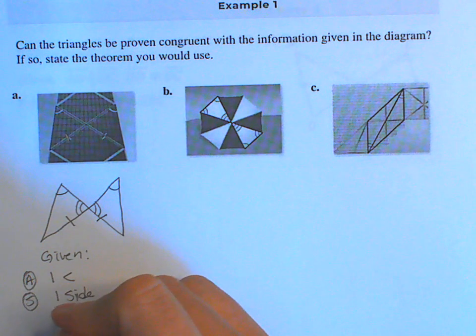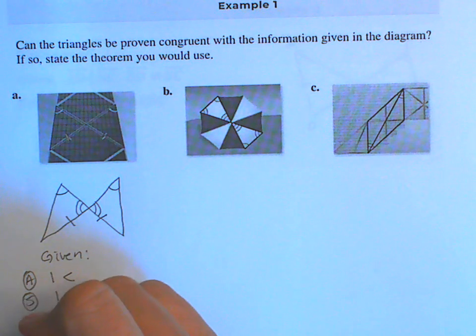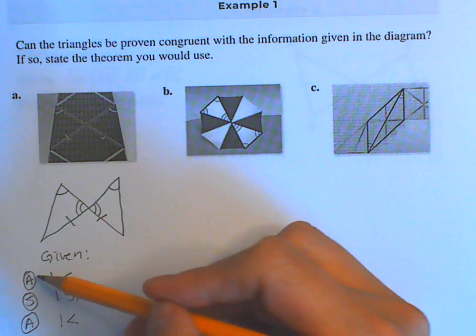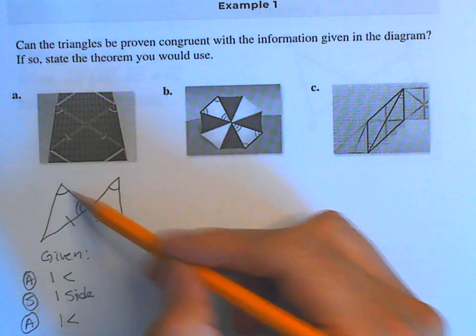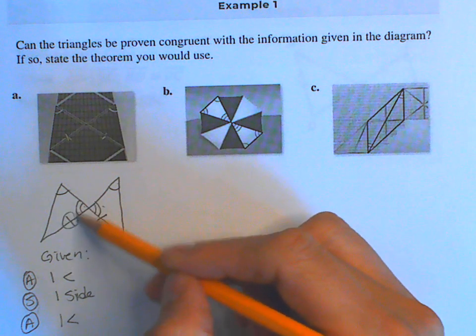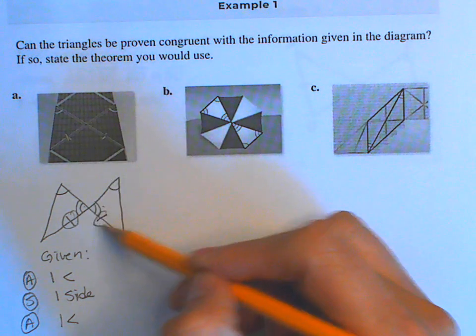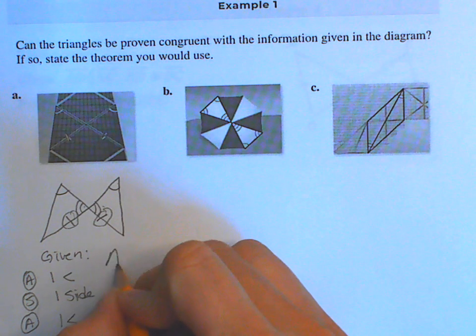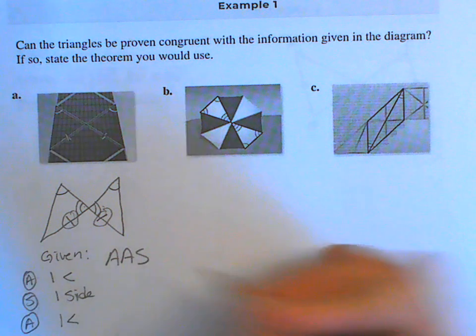So therefore, you have another angle that is congruent. Now I know it says ASA, but if you think about it, you have two pairs of angles congruent and a non-included side. This one here is not included. So therefore, these two triangles are congruent by angle, angle, side.